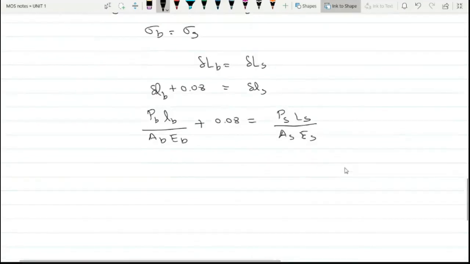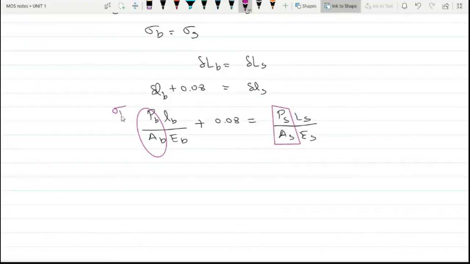Okay, so this is the overall formula we arrive at here. This one and this one, I can say that this is the stress for brass and this is the stress for steel.